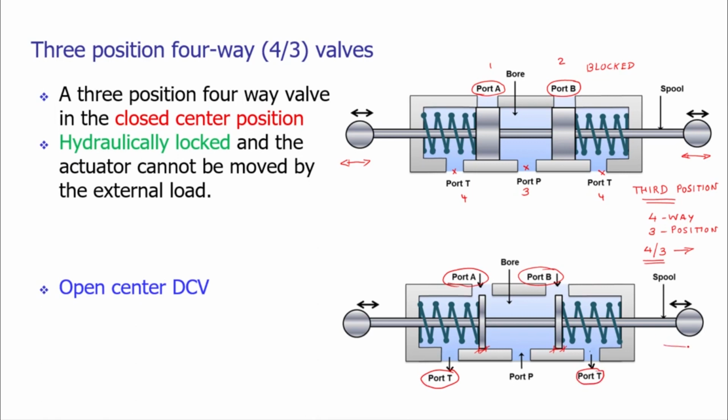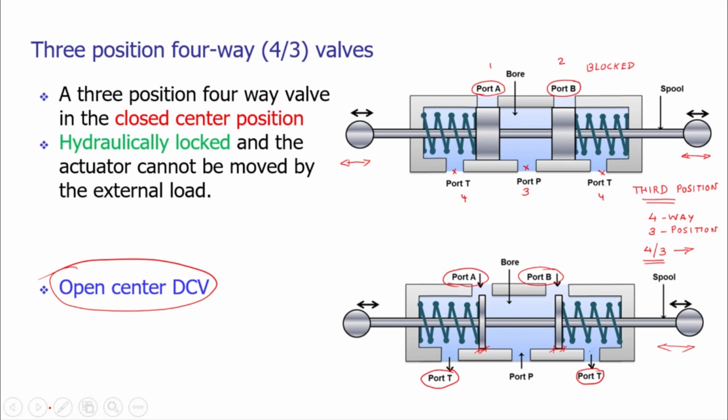By moving this spool, we can operate port A and port B, but at its middle position, at its third position, we can directly connect port A and port B to the tank to relieve the pressure of the system. These kinds of valves are called open center direction control valves.